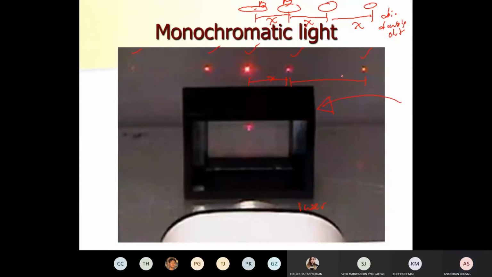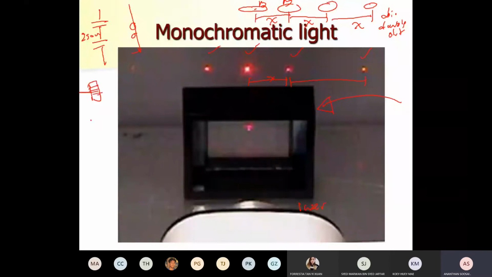The diffraction grating image is also brighter than the double slit image. Why? Because the double slit has only 2 sources, but the diffraction grating has thousands of sources.